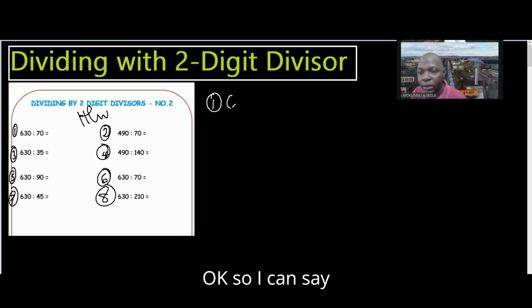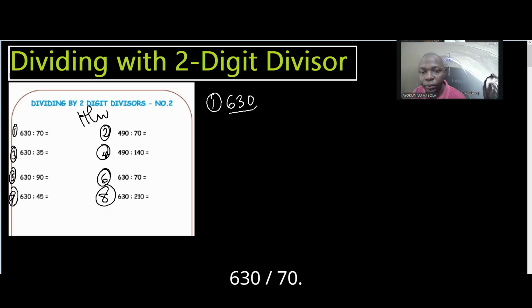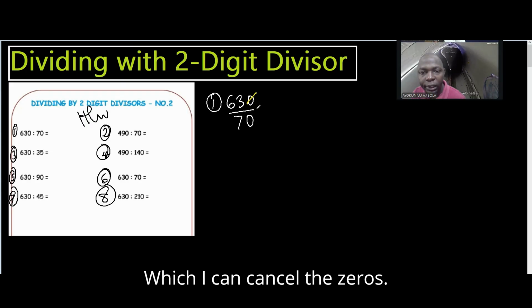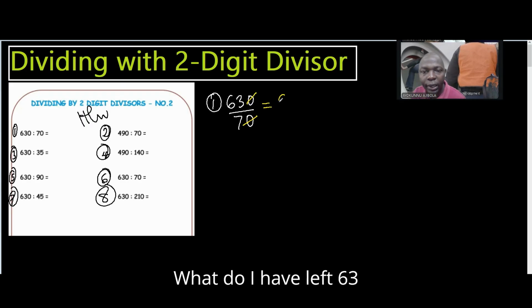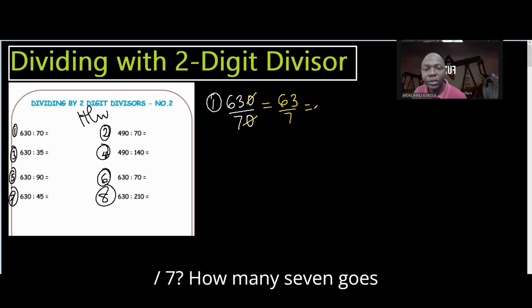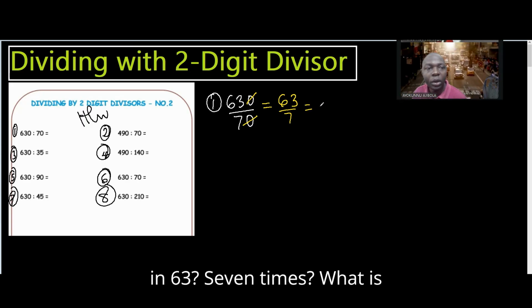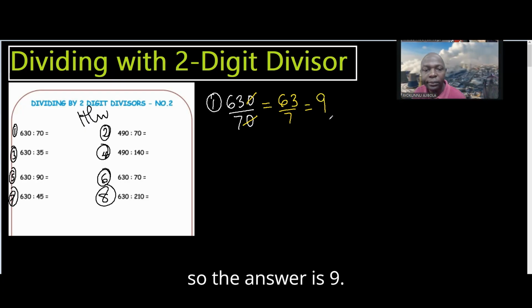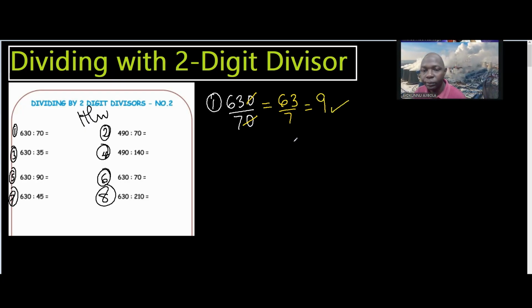So I can say 630 divided by 70, which I can cancel the zeros. What do I have left? 63 over 7. How many 7 goes in 63? 7 times what is 63? That is 9. So the answer is 9.